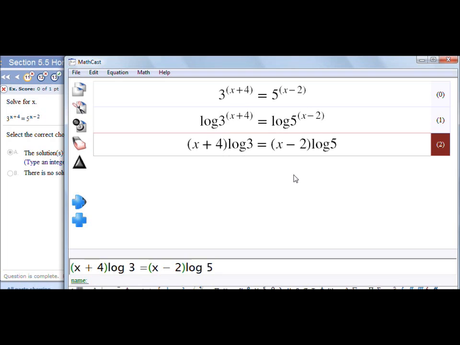Alright, let us continue. The next thing I'm going to do is I can either divide both sides by log of 5 or both sides by log of 3. I'm going to choose to divide both sides by log of 3. So to do that, this is how it looks after I get done doing the division.